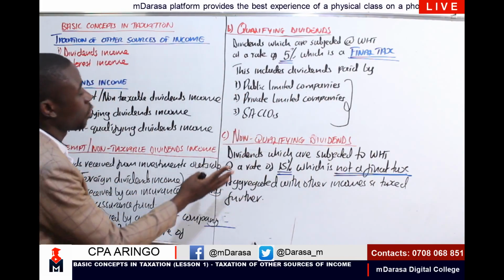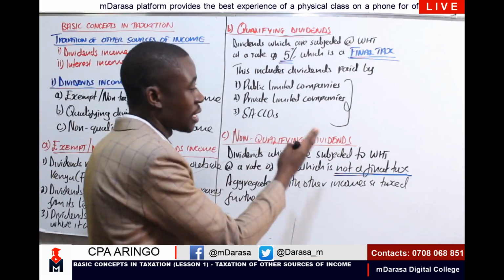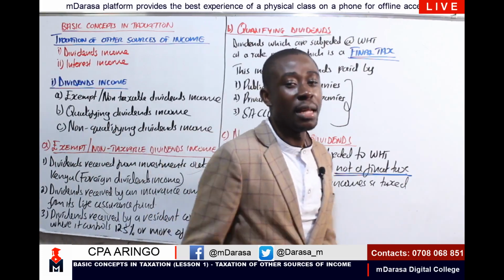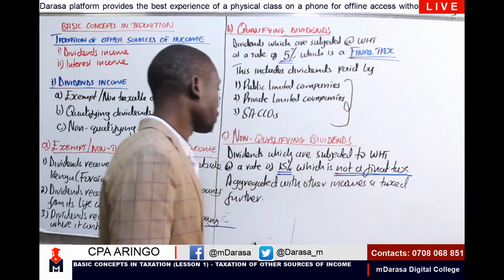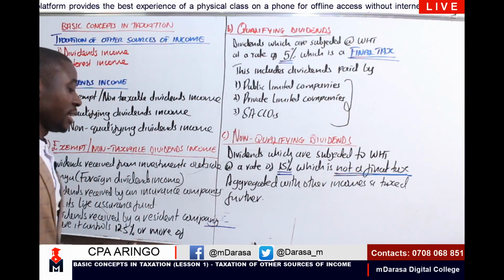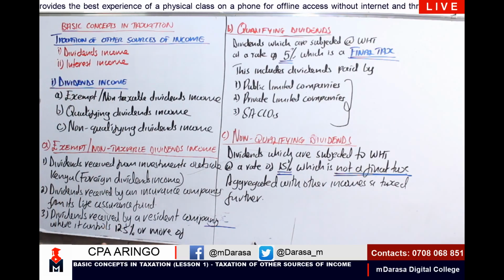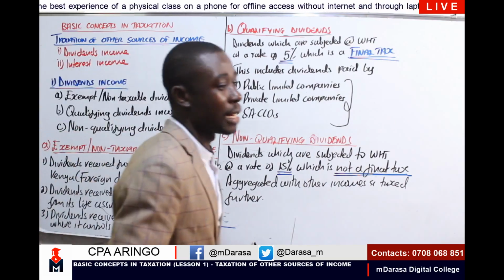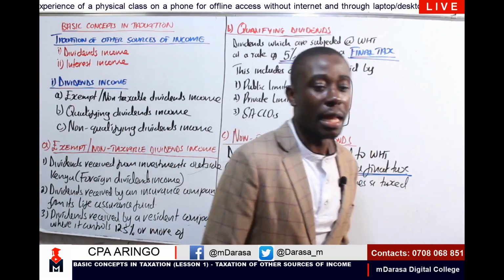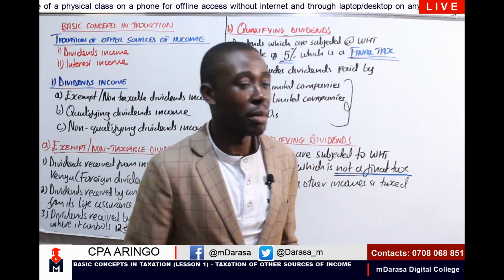I'll also be required to give the relief at the end of the day before we determine the net tax payable. So the key element to summarize with this concept is to understand what these types of dividends are.